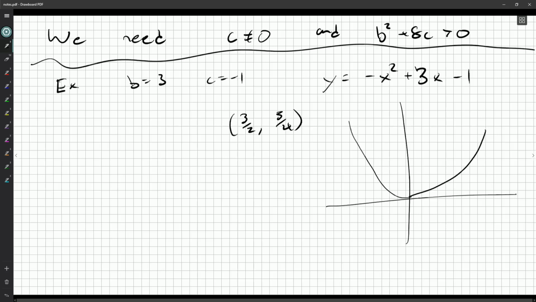So that would be over by 1.5 and up by 1.25. So yeah, I agree that those would be distinct points. Okay.